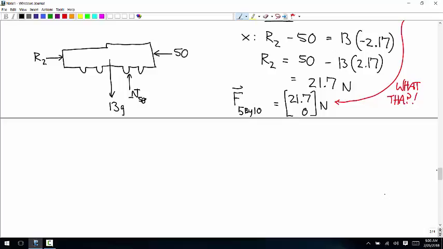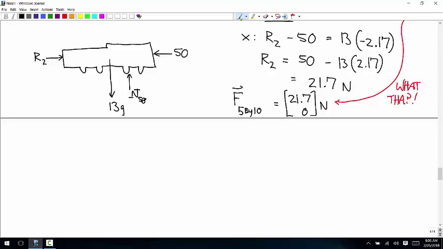Okay, and then that's basically what D says to do. Compare the answers to B and C. Something fishy's going on here. Yes. Oh yeah, well we haven't talked about Newton's third law yet, have we?